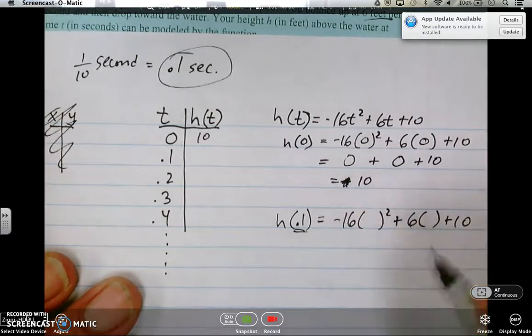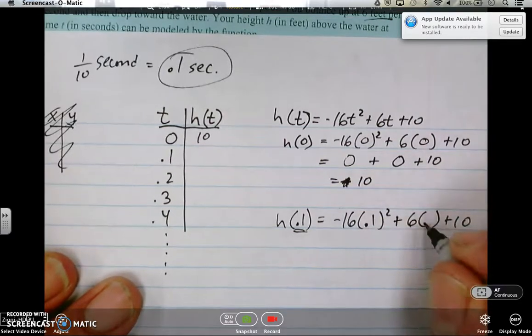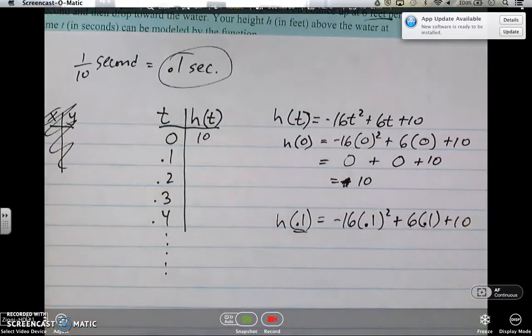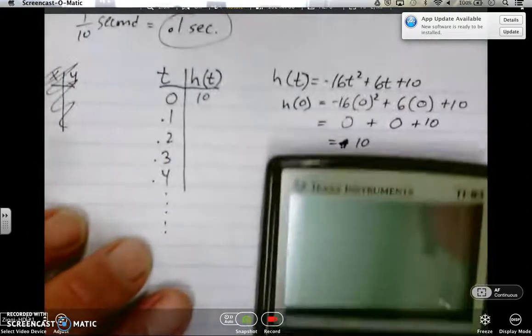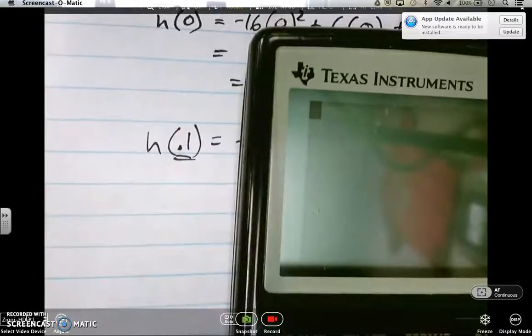And what are we substituting this time? 0.1, so we find out where we are at 0.1 seconds. For 0.1, this is going to be some work, so I'm going to turn it over to the calculator to do it.